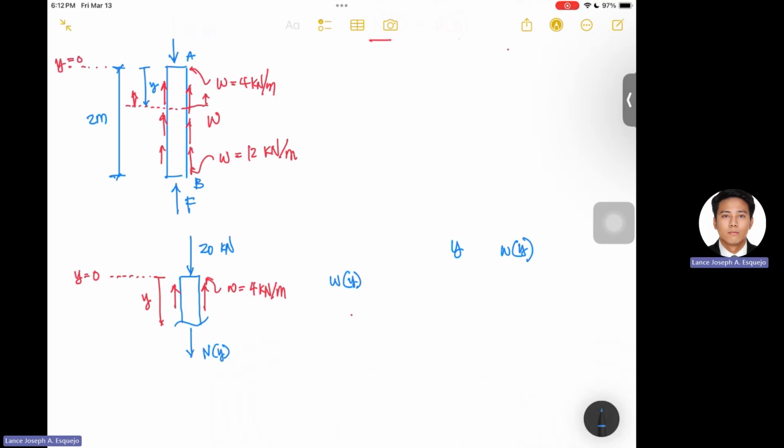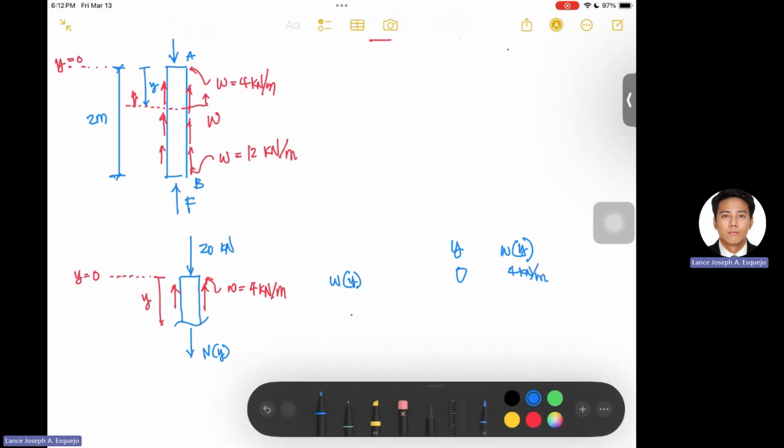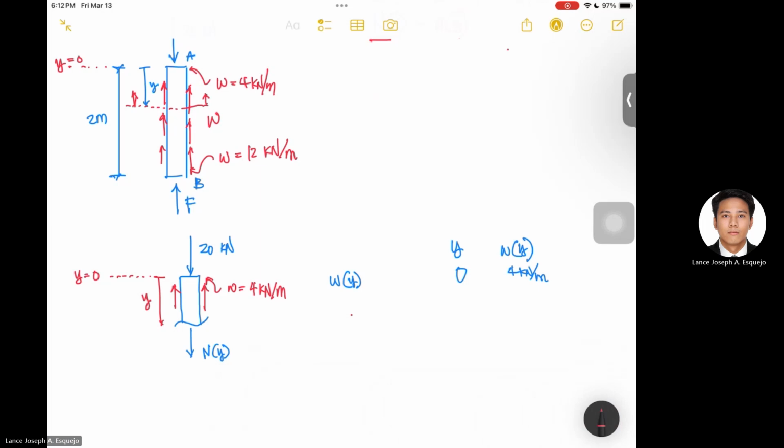So at Y equals 0, the value of our W is 4 kilonewton per meter. And then at Y equals 2 meters, the value of our W is 12 kilonewton per meter.